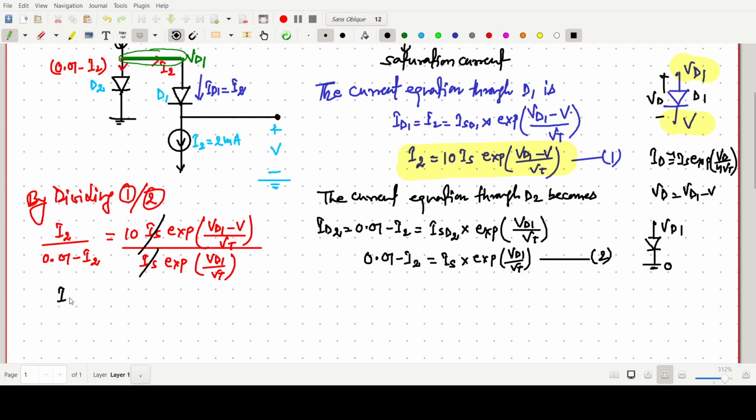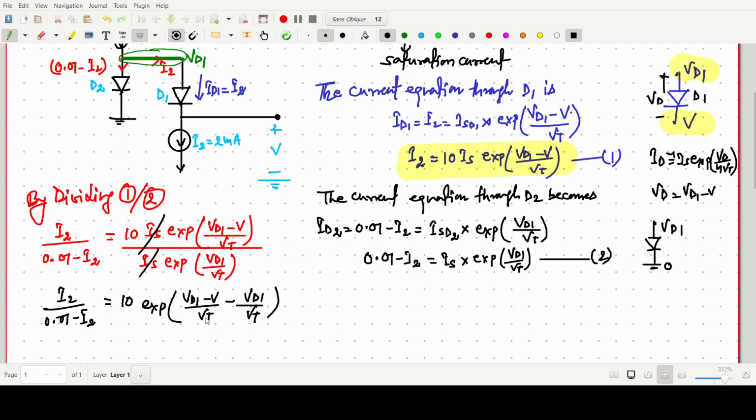Now one more line we have to write: 0.01 minus I2 equals 10 times exp of VD1 minus V by VT minus VD1 by VT.